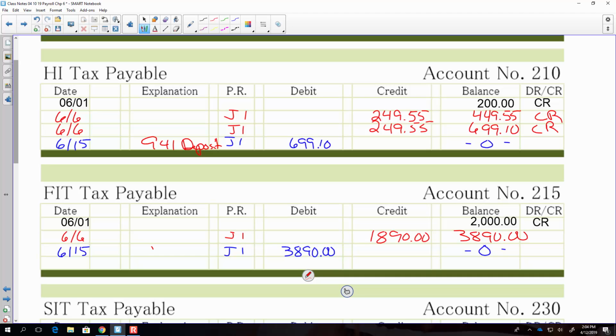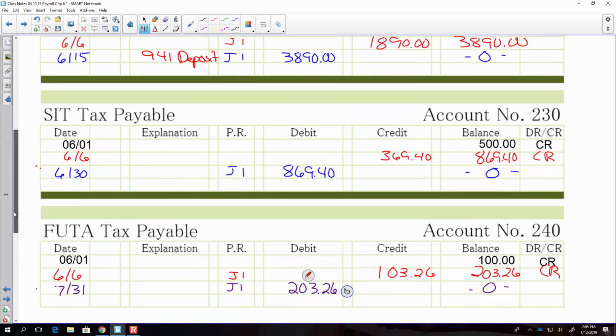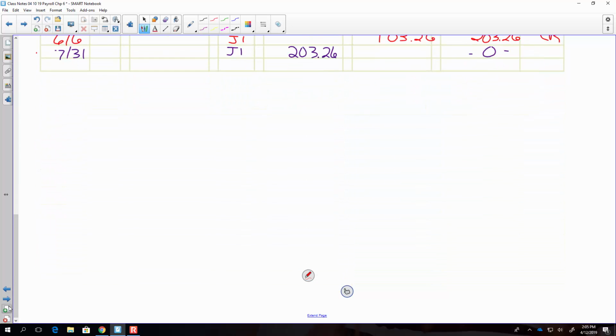That way I know that I've made my deposit correctly, right? That I've fully paid in the amount that I should have after 1 or 2 payrolls during that period. And you can see the SIT, the FUTA, the SUTA, all are 0 once the deposit has been made.